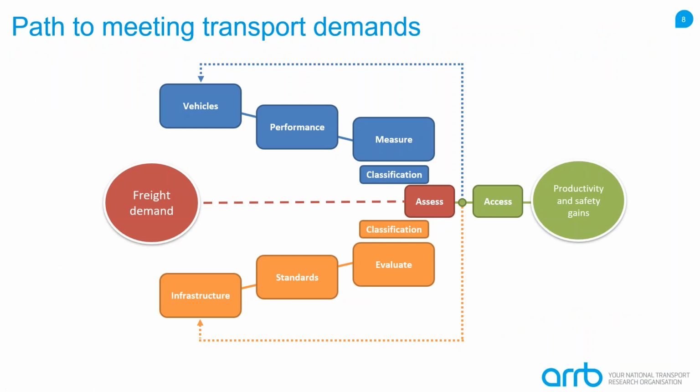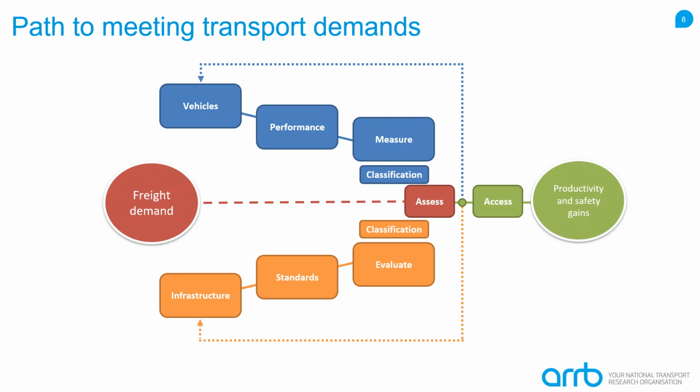Essentially, freight demand is ever increasing in our lifestyles, and the main driver for this is high demand of freight. In order to meet this demand with our current vehicles and infrastructure, efficiency gains must be achieved. This is shown in this diagram, where to meet the freight demand in the red circle, our aim is to move towards efficient freight movement in the green circle.